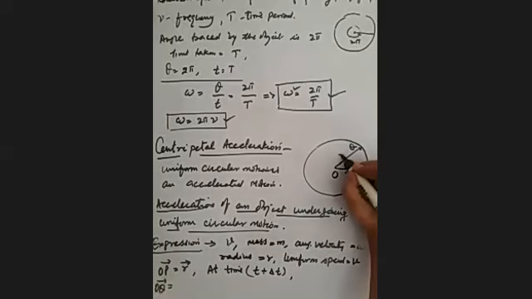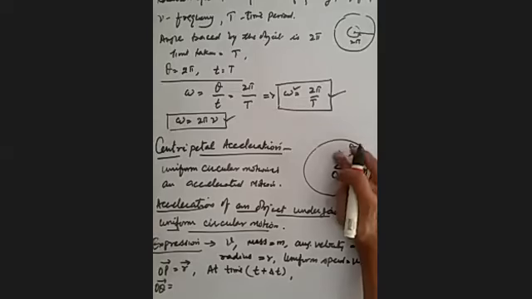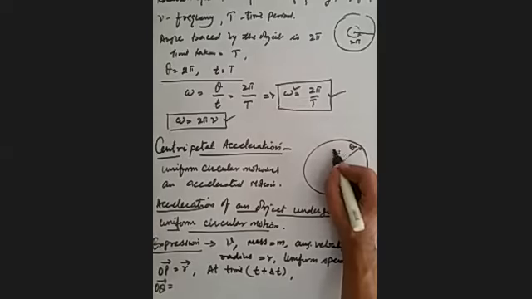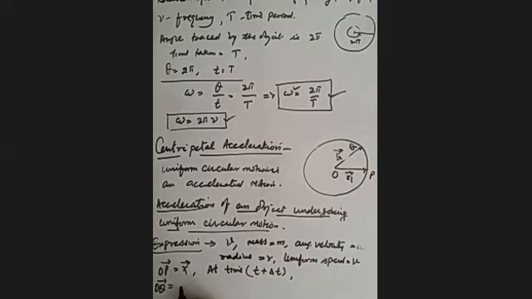So this is R1 and this is R2. So this is at time t plus delta t.